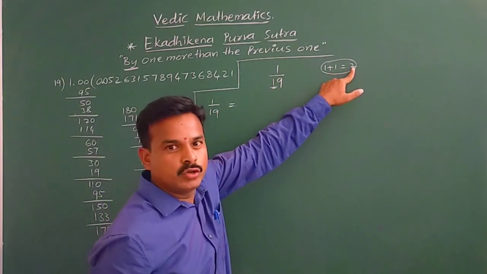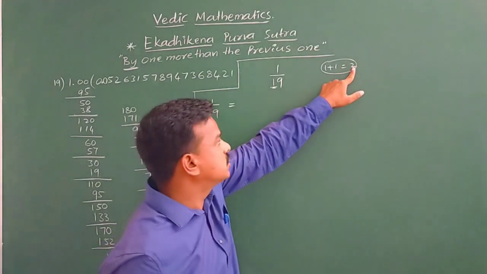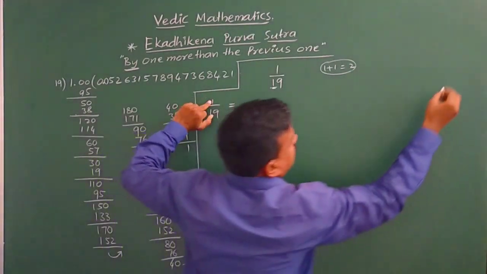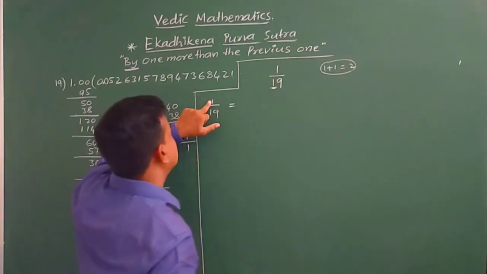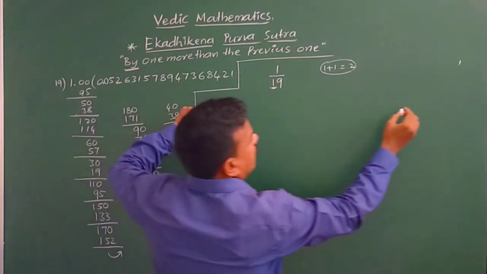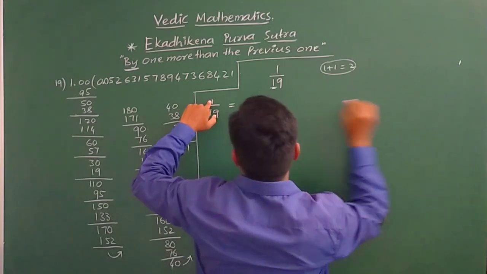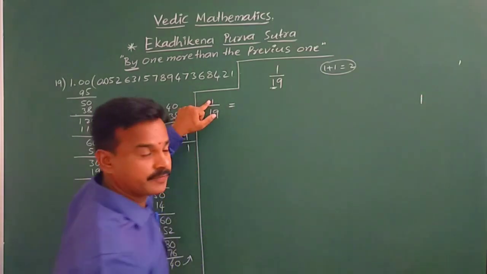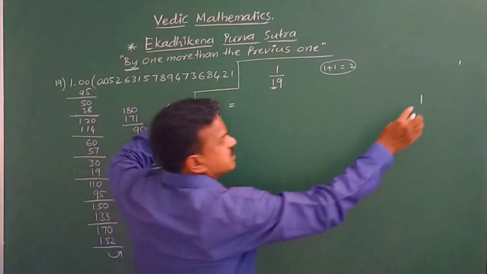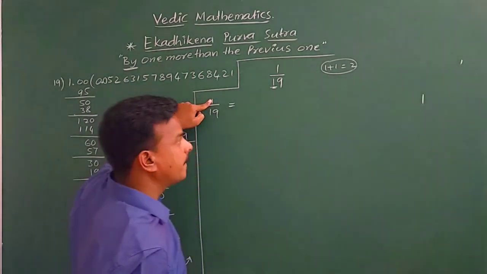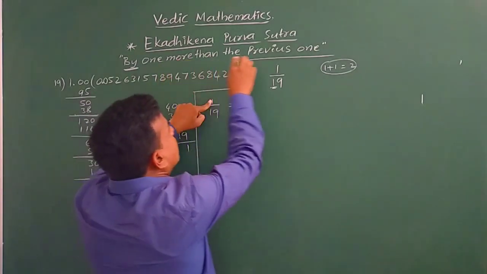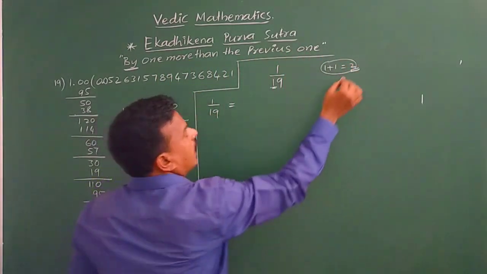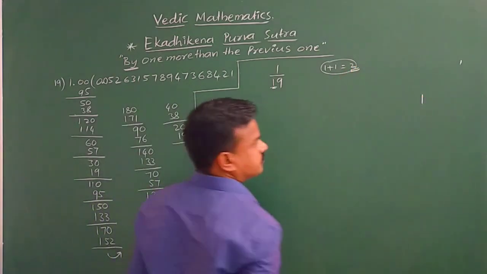We have to use this 2, and the numerator is 1. This numerator we write as this 1 in the answer as the last digit. And one more than the previous is 2. You take this 2 and multiply.